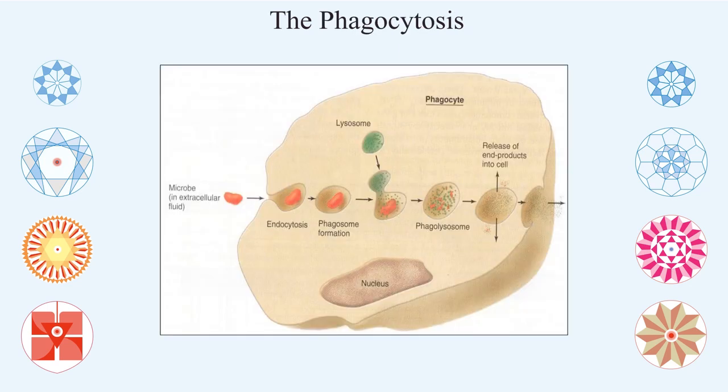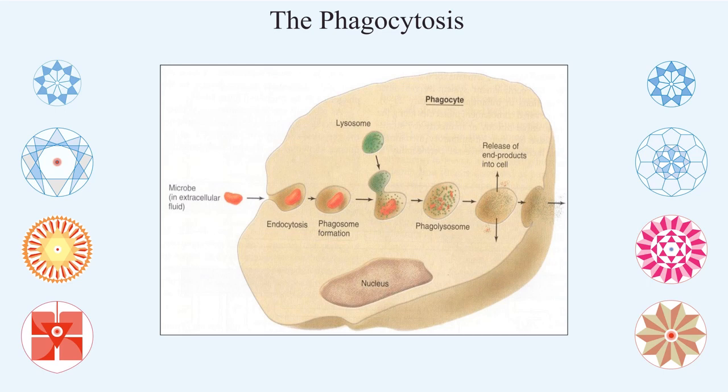In this picture you can see microbes in extracellular fluid are entering into neutrophils, all these 3 cells. And this process is called endocytosis, means their entry into the cell. Then phagosome formation is there. Then lysosome comes to play a role on the phagosome, and you have two things coming together as phagolysosome.